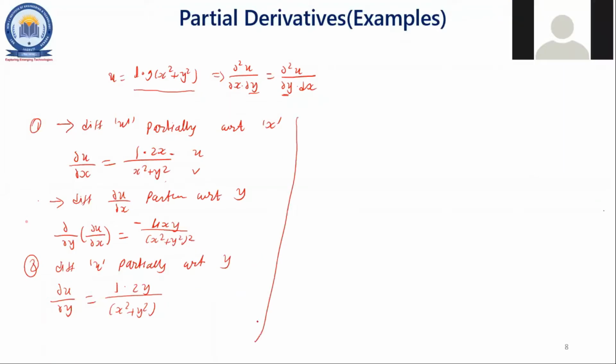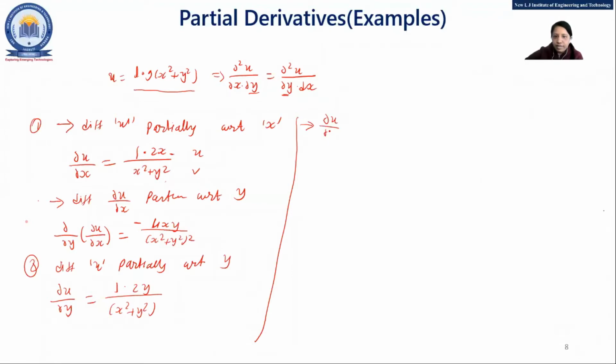Then again partially differentiate, d by dx, of del u by del y with respect to x. Now tell me the answer for that.